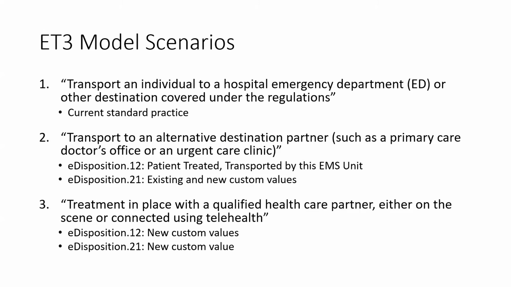And then in e-disposition.21, that's the type of destination. It will use existing values for a type of destination, places that states may have already considered having in their facility list, but it will introduce some new custom values for type of destination, places that maybe states haven't included in their facility lists up to this point.